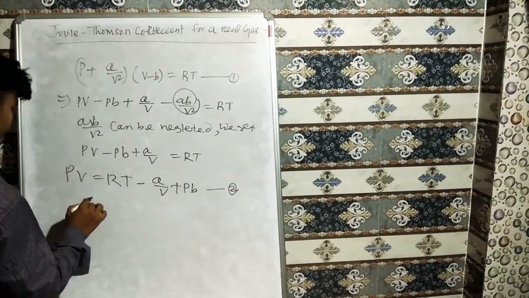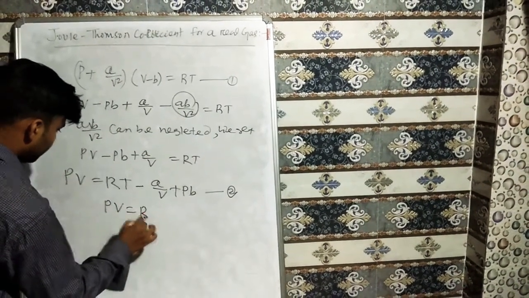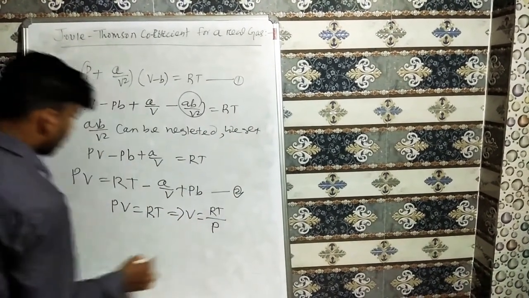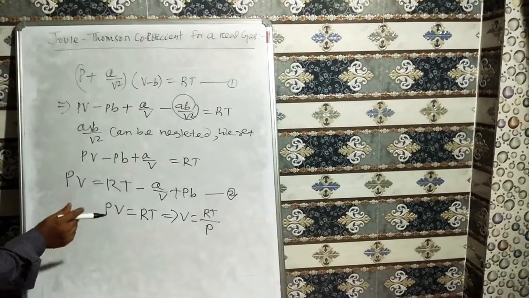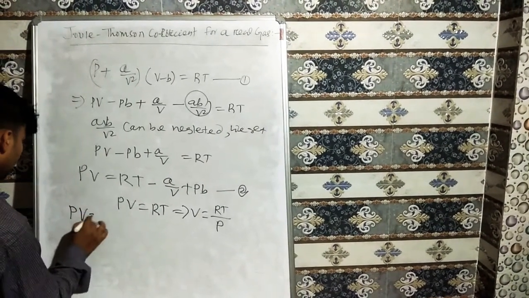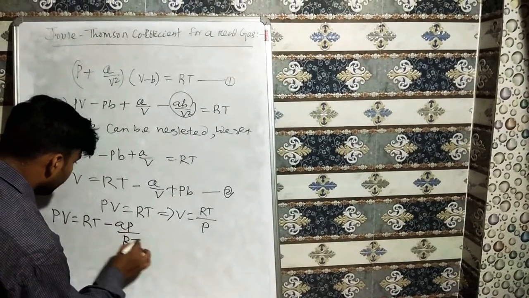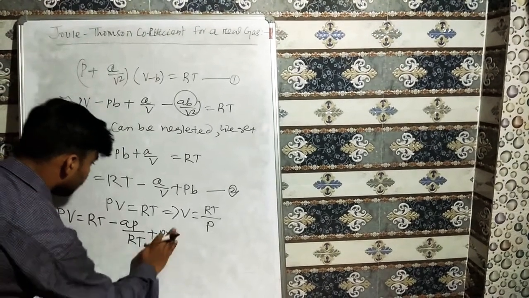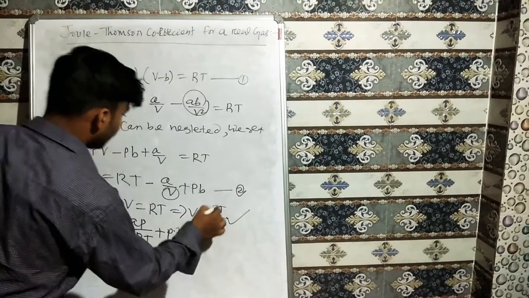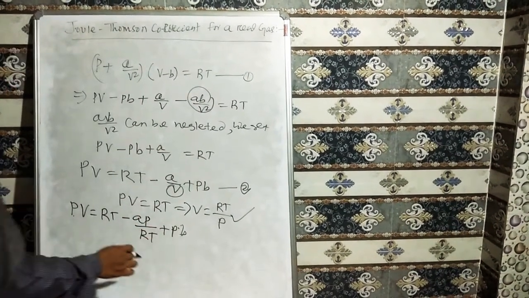But we know for an ideal gas equation for 1 mole, PV equal to RT. Okay, that implies V equal to RT by P. And now, if we substitute the value V equal to RT by P in place of V in the a by V term, then we get PV equal to RT minus aP by RT plus Pb.